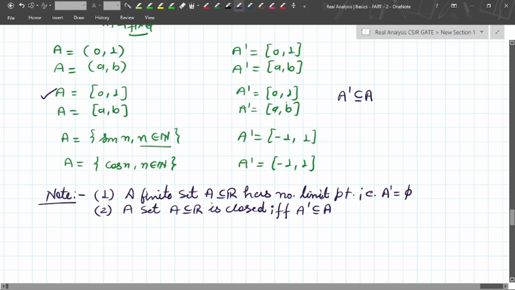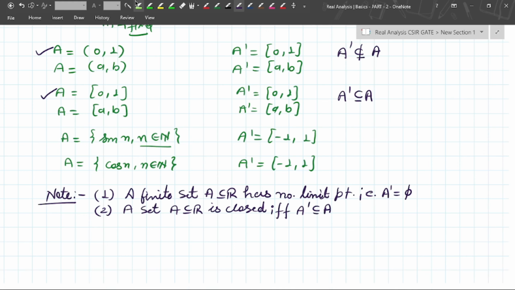This is the case. Now see, if it is an open set, here A dash is not contained in A. That's why it is open. This is the result here.